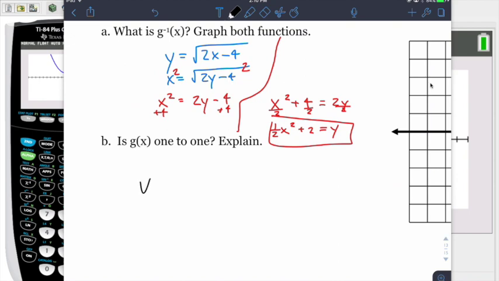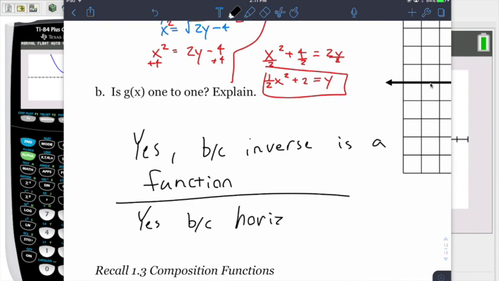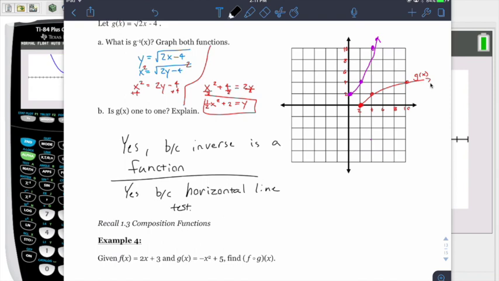So we're going to say yes, because the inverse is a function, or you could probably even say yes because of the horizontal line test. Okay, so that is that there.